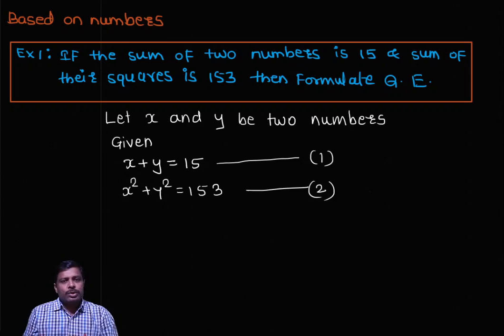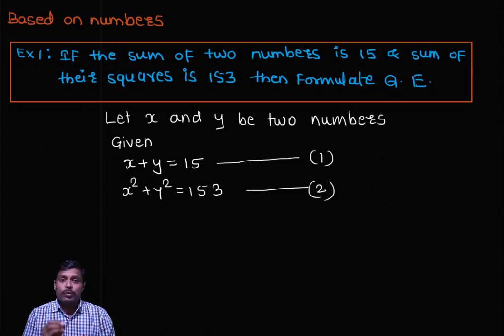Now a student may be thinking, why are we finding the answer in terms of x only? Because we have two variables x and y, we may get the answer in terms of y also. Yes, definitely we can find this quadratic equation in terms of y also.